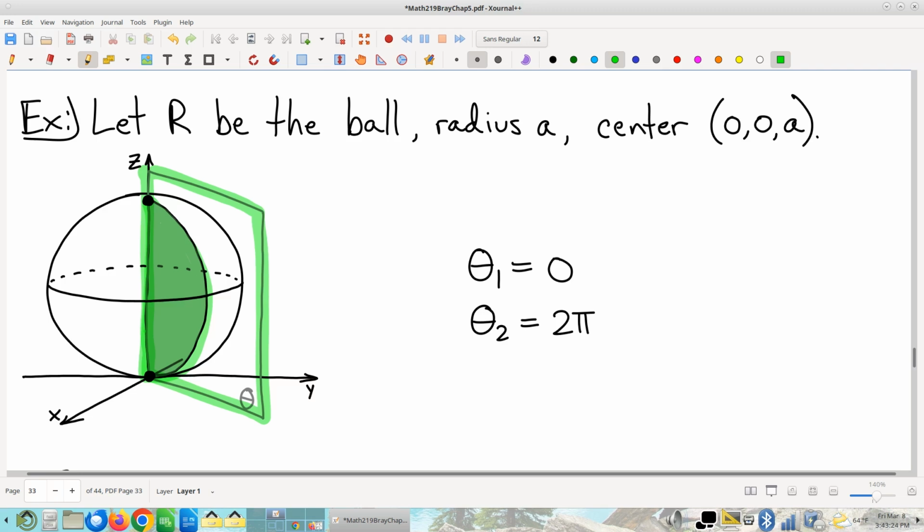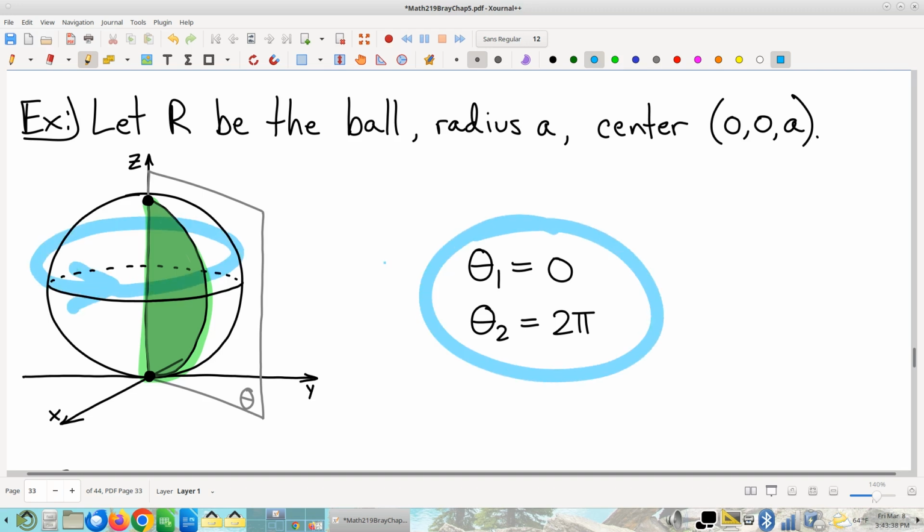Okay, all right. Now, for what values of theta? As theta increases, how far do I go until I am done? I think it's a pretty easy sell that this just goes all the way around, 0 to 2 pi. In fact, I'm going to point out a nice streamlining of this process.